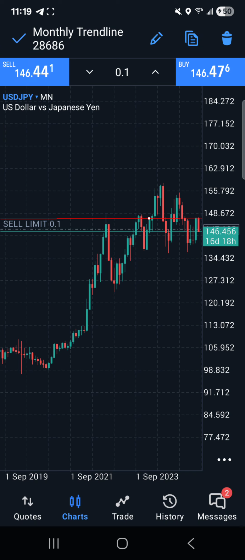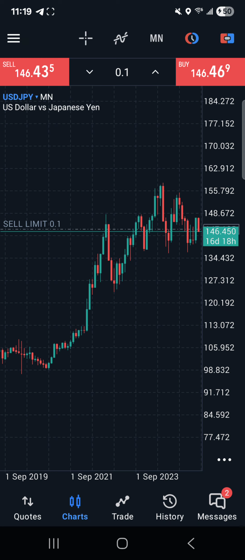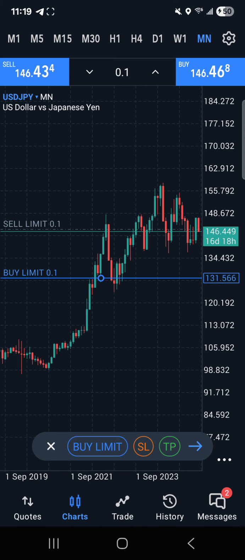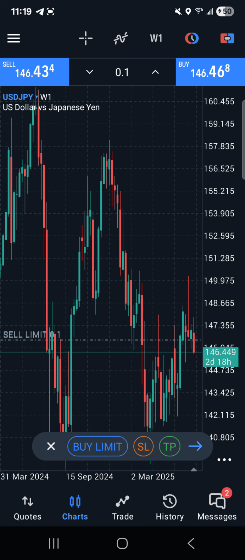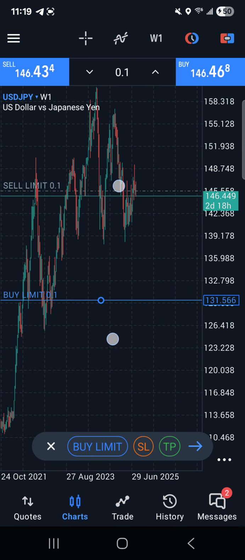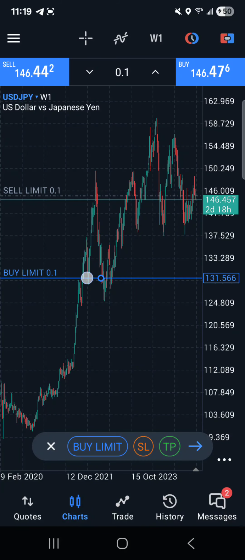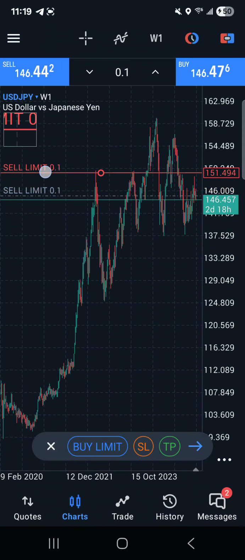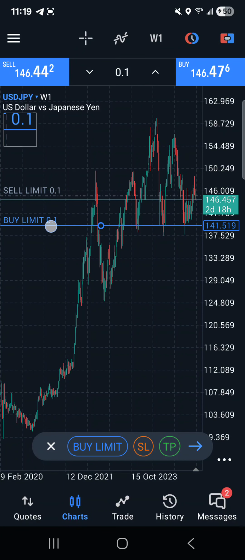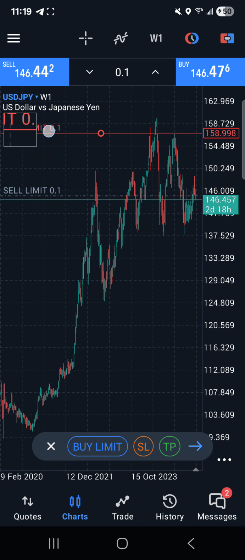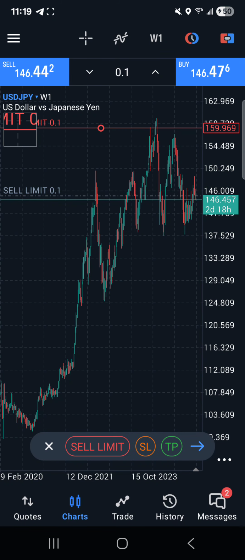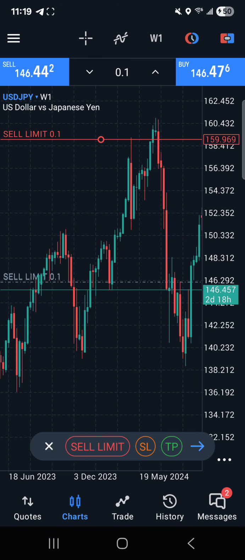Okay, so let me go to the weekly time frame to really see what is actually happening. On the weekly time frame, this is how we see it. This is the last low before that higher high that swept the liquidity.